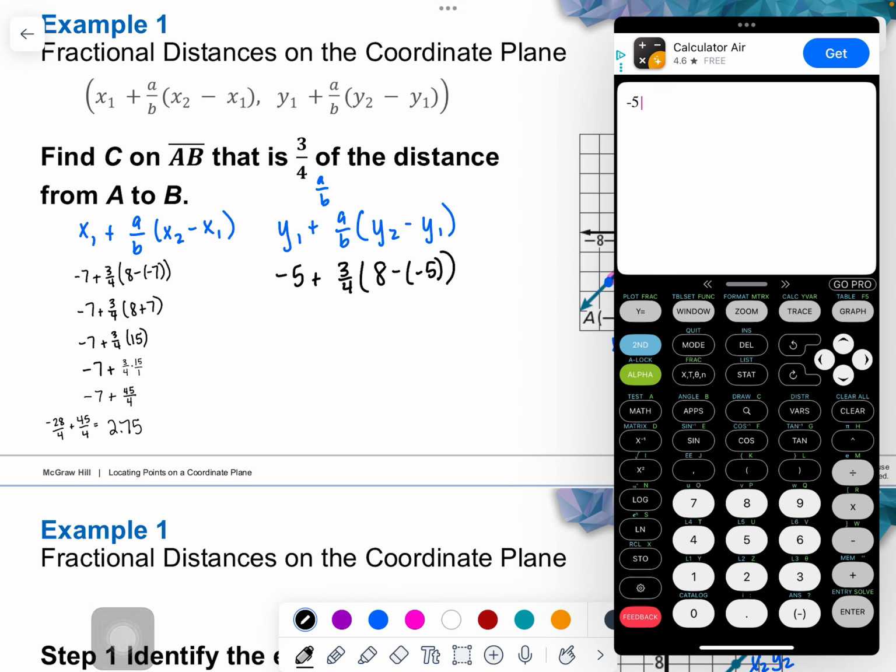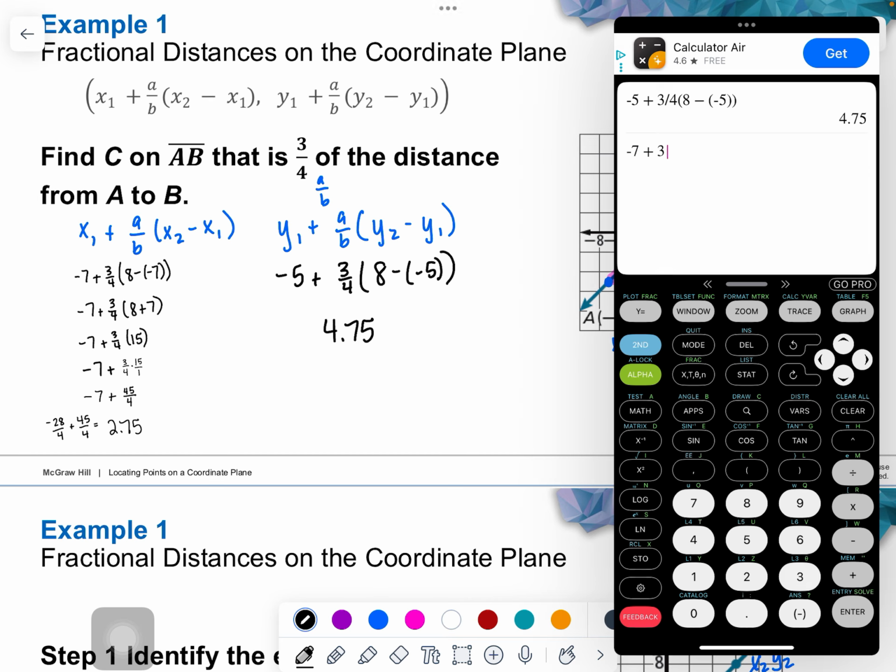So plus 3 divided by 4, because 3/4 is the same thing as 3 divided by 4, times 8 minus a negative 5. There we go. See, my equation right there is exactly what I've got written down, and that would be 4.75.